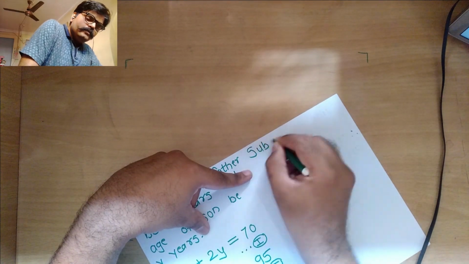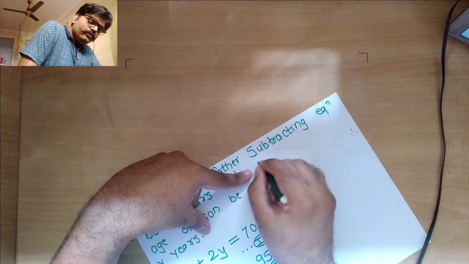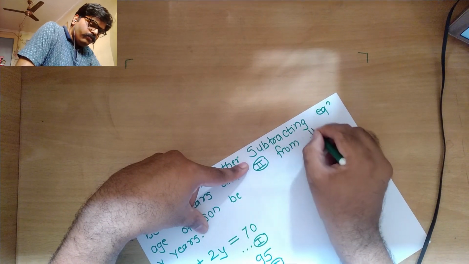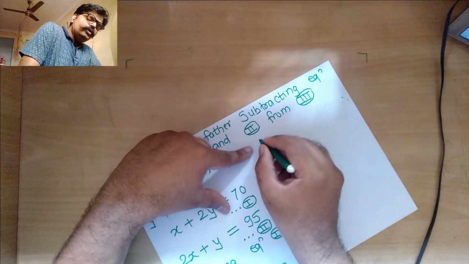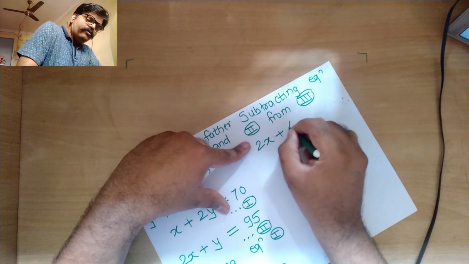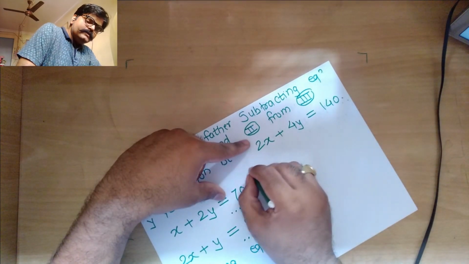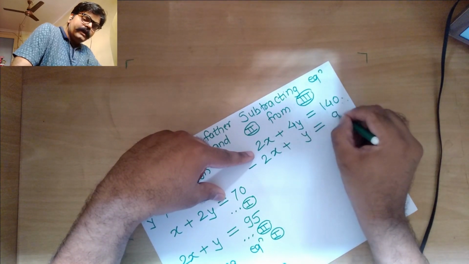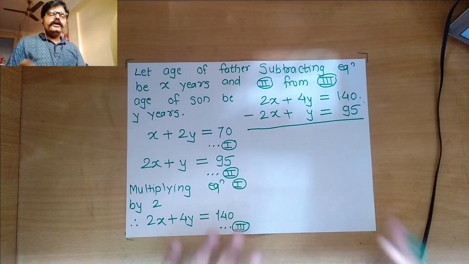Subtracting equation 2 from 3, first we write down equation number 3: 2x plus 4y is equal to 140, minus 2x plus y is equal to 95. So this subtraction we are going to perform.